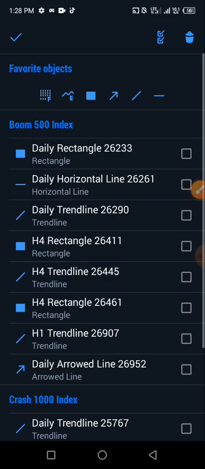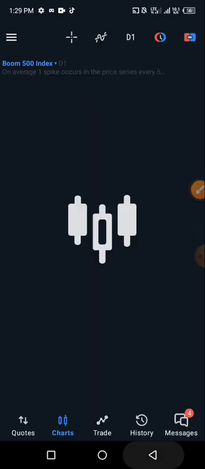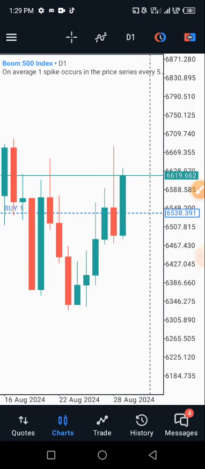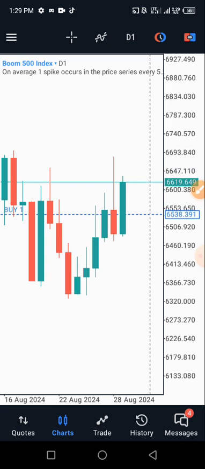So what we want to do now is spot the level at which the market was making its move. The first thing we want to do here is note this particular level, because this was the level that the market broke out from to the upside.